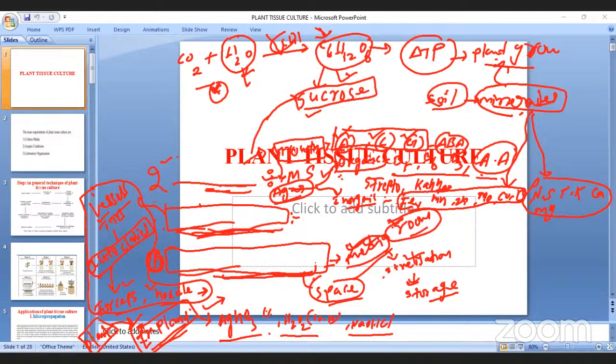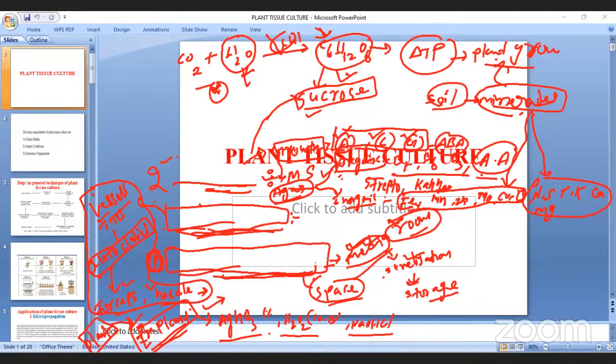Totipotency means the plant cell is able to divide and has regeneration capacity. That means a vegetative cell or any plant cell is capable of division. That capability is called totipotency. So from an examination point of view, if they ask you to write about totipotency or the tissue culture technique, it is the same, right?